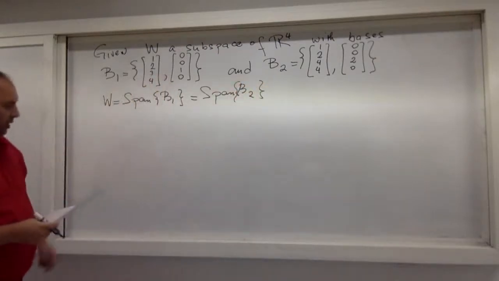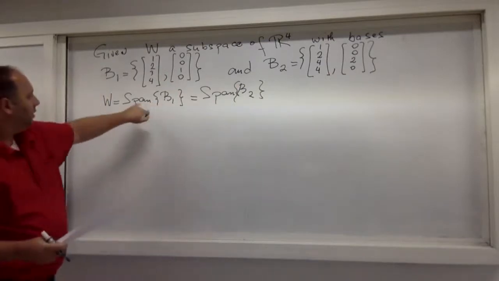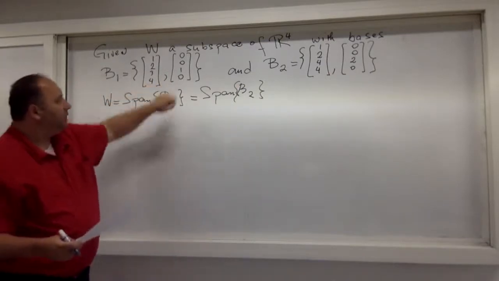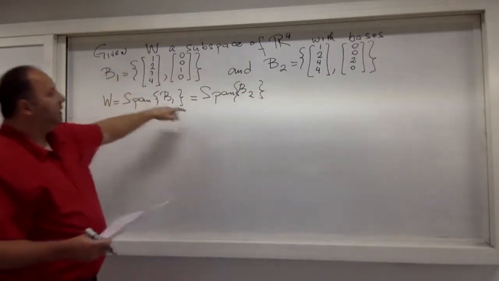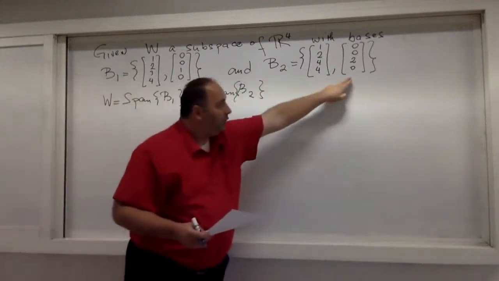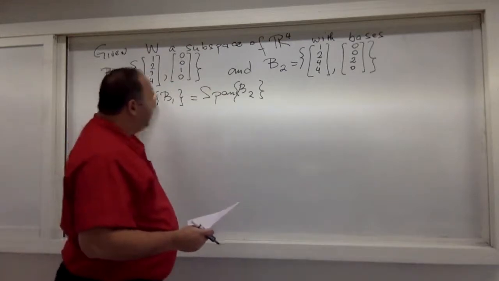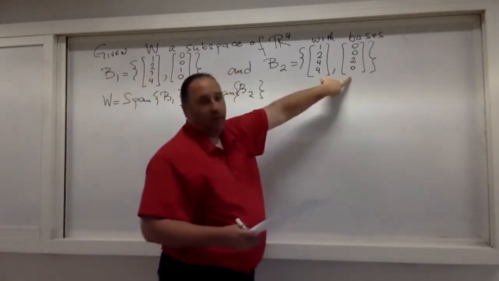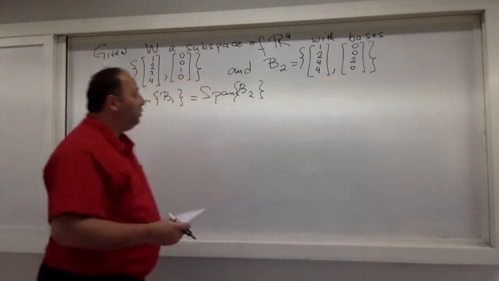Okay, cool. So that's my space generated by basis vectors, these and these, so it's the same space. You can verify that this guy is a linear combination of these two guys, this guy also is a linear combination of these two guys, and the other way around. The first guy from B1 is a linear combination of people in B2, and the second guy in B1 is a linear combination of people in B2.